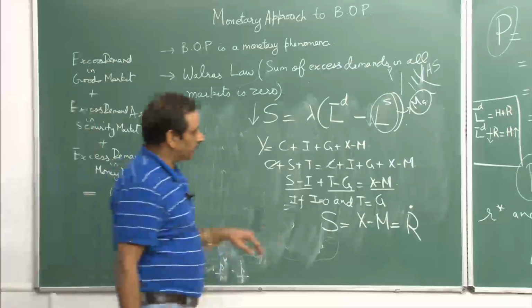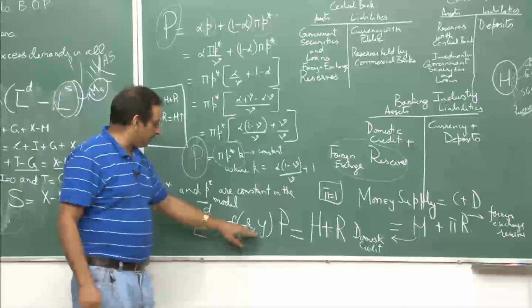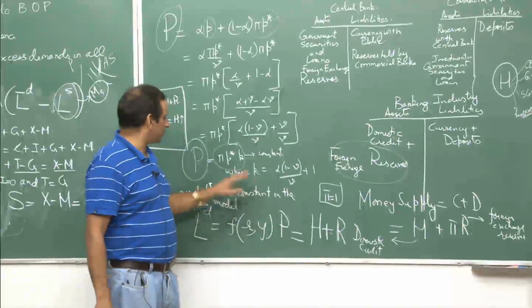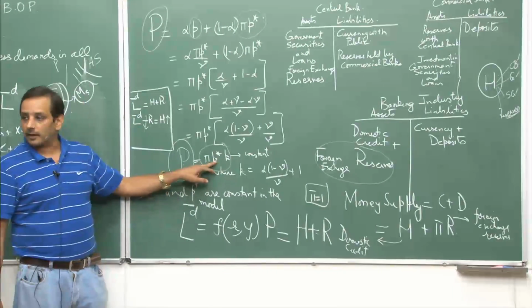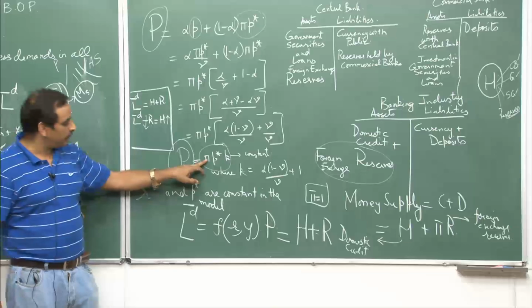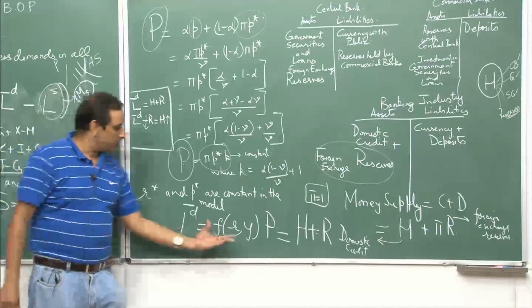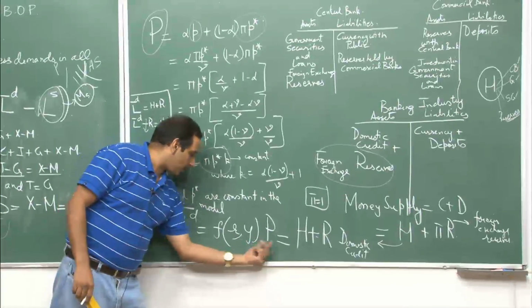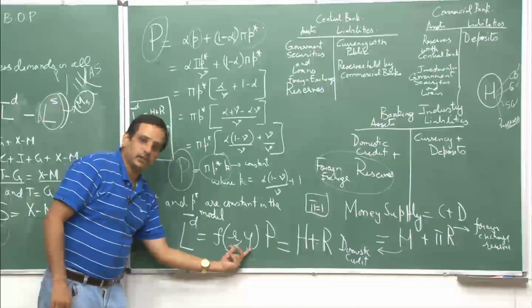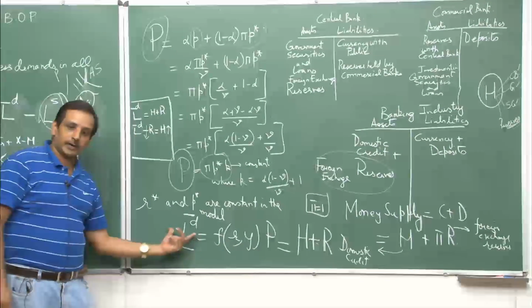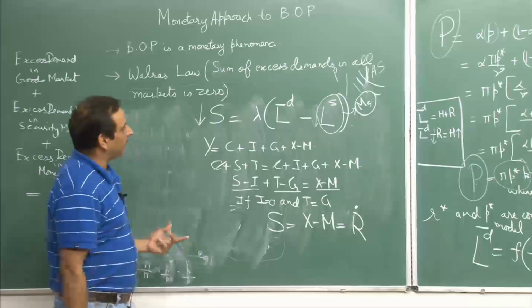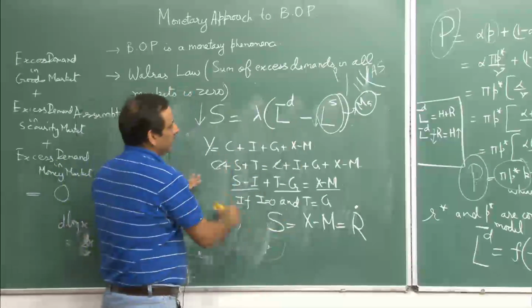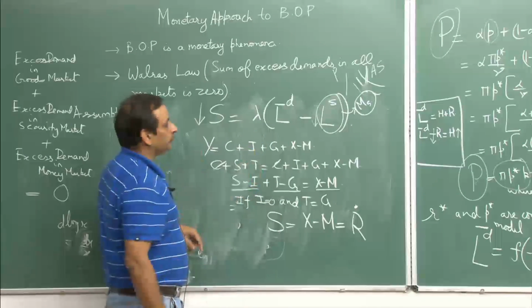R star fixed, y fixed, p is a function of pi, p star, k constant, p star fixed, pi is the exchange rate, the fixed exchange rate. So, you see this to be constant, this is not changing. So, you have money demand which is fixed, and the short run relationship goes like this.